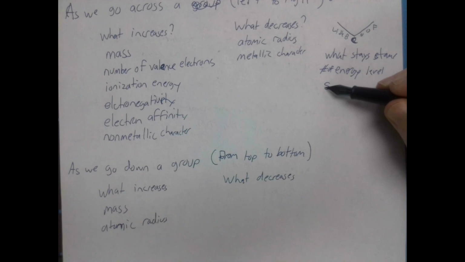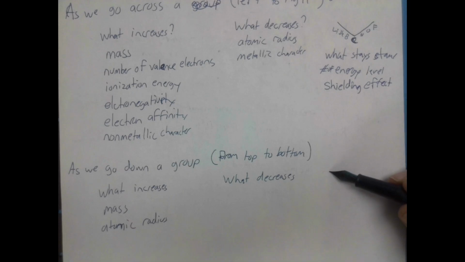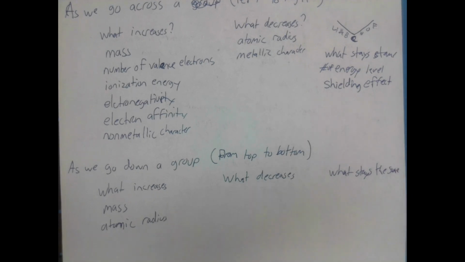Shielding effect. The number of internal electrons, or inner electrons. So what increases is mass, atomic radius.